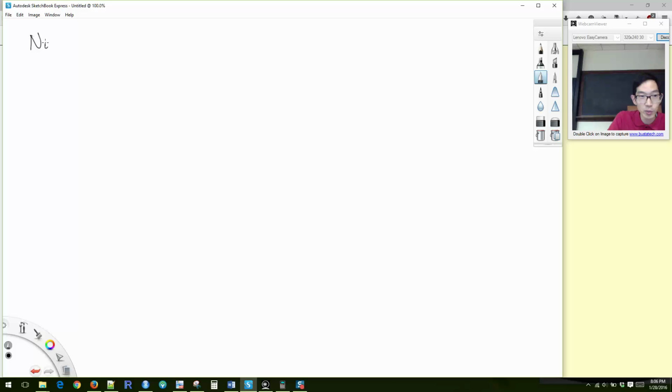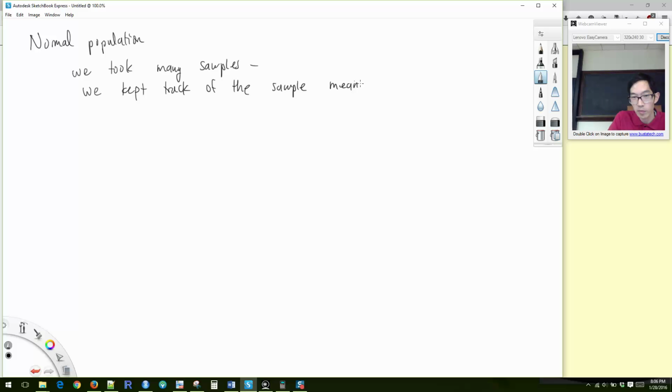So with a normal population, we took many samples with the computer, and we kept track of the sample means.